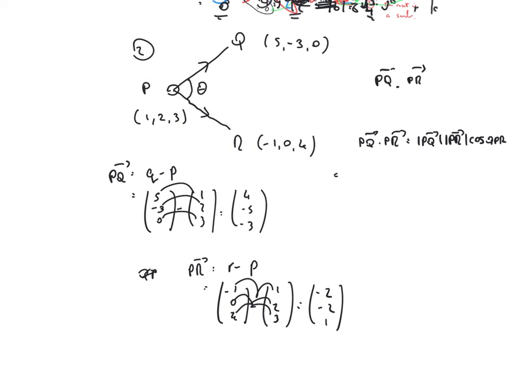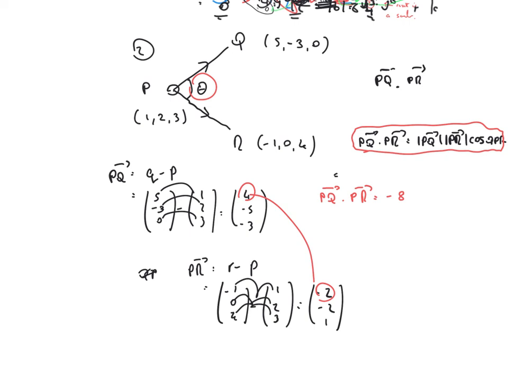Right, one point to note is I'm not given information about the angle, so I can't use this method. I'll need to use component form, but that's dead easy. So that's just going to be PQ dot PR equals 4 times minus 2. So this is just the A1B1 plus A2B2 plus A3B3 method.